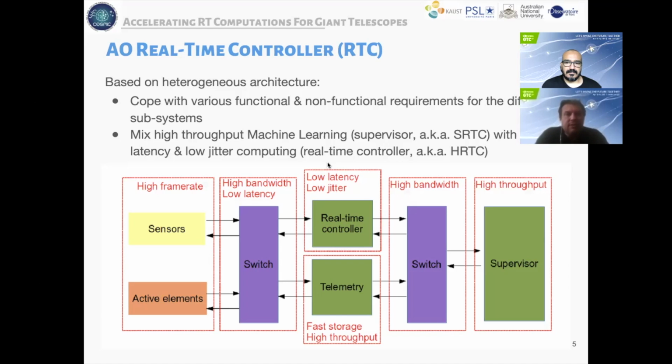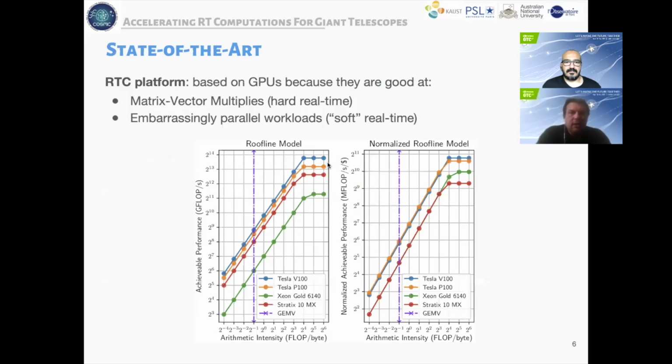And the supervisor is doing some machine learning workloads with less constraints on the real-time aspect, and we usually call this the soft real-time controller, or SRTC. So the state of the art today for our real-time control platform is based on the use of GPUs on both these subsystems. And we do that because the GPUs are good for matrix vector multiplies, because they host this high bandwidth memory.